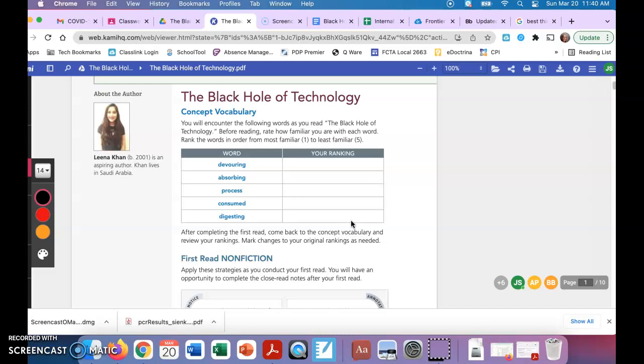Now, you should have 3 words that have no numbers on the right-hand side next to them. You have number 2, 3, and 4. So now what I want you to do is go back and look at those 3 words. And of those 3 words, the one that you're most familiar with out of those 3 remaining words, I want you to put a number 2 next to.